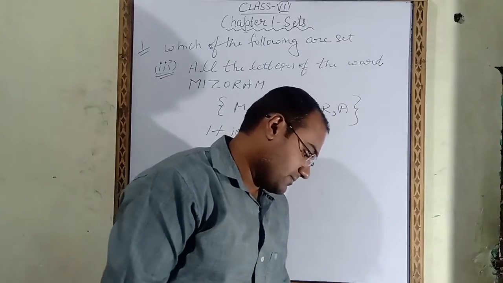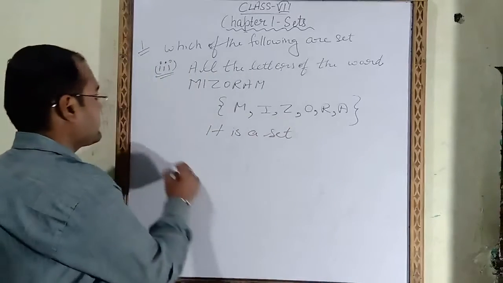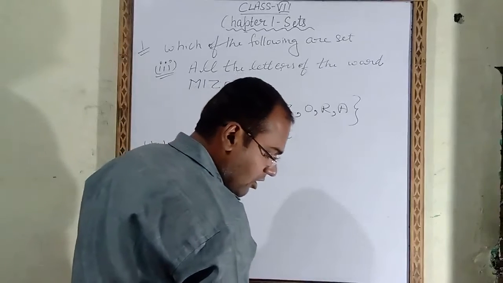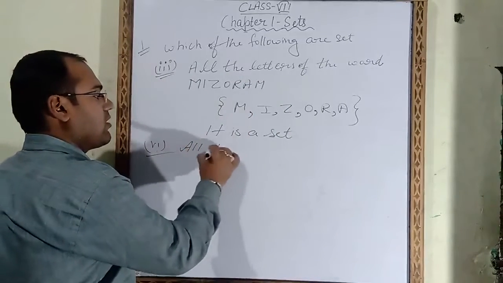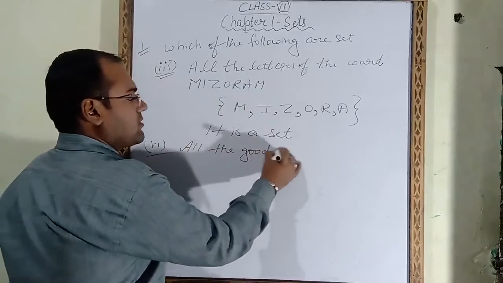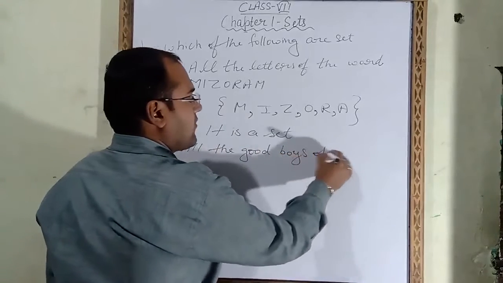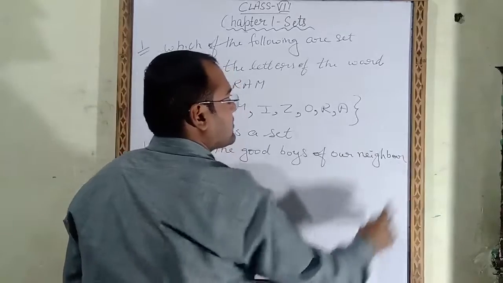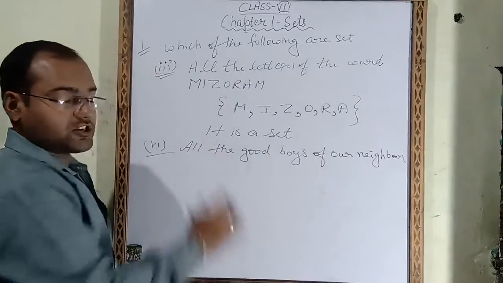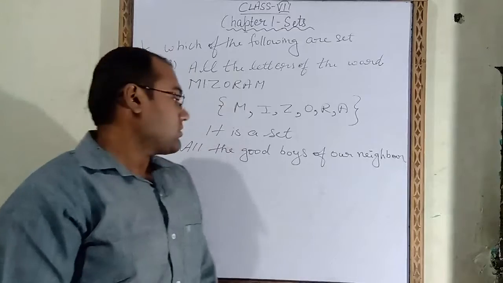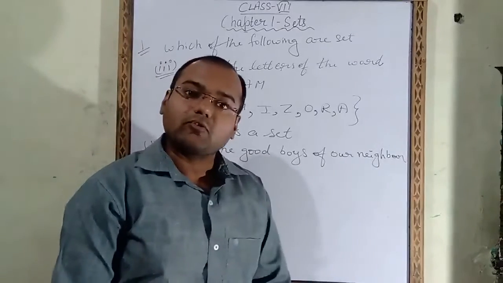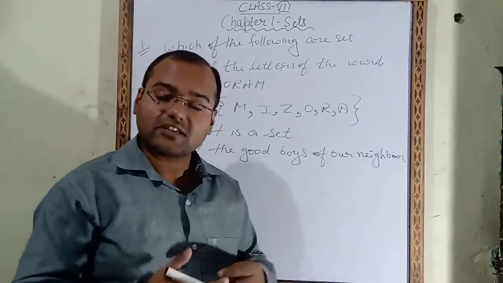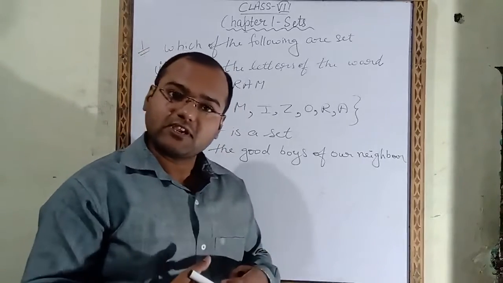Now, sixth part you see. All the good boys of our neighborhood. So, what is this question? We have to write all the good boys of our neighborhood. Good boys means in which sense is he asking good? In studies he is asking good, or in sports he is asking good?